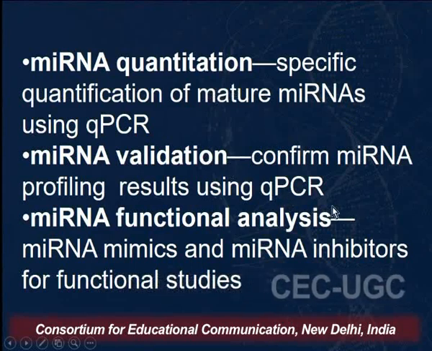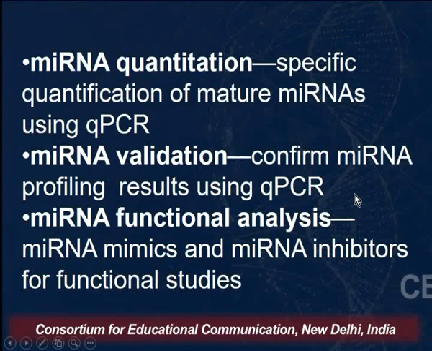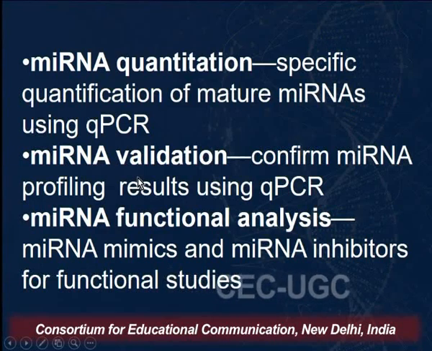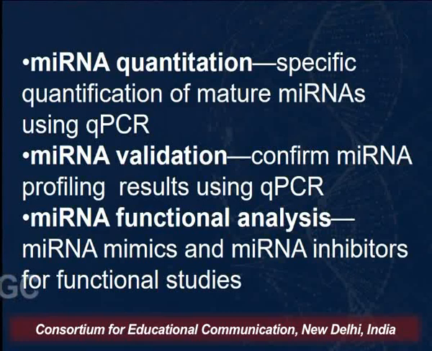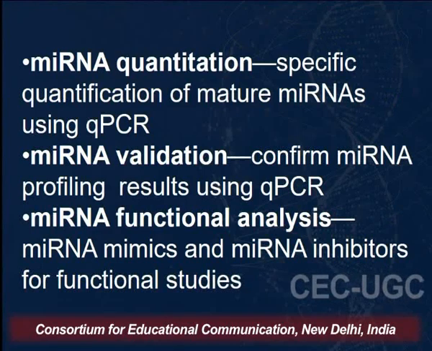MicroRNA validation can also be done. We can confirm the microRNA profiling results using quantitative PCR, to see whether truly that microRNA was present or its number was altered. We can also do microRNA functional analysis, because microRNA mimics and microRNA inhibitors can be used for functional studies.